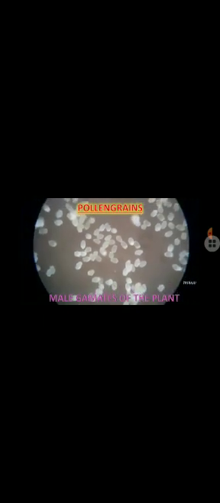Here we are observing anther under a microscope. Several thousands of pollen grains are present on anther. Take some pollen grains on a glass slide for observing under a microscope. These are pollen grains, male gametes of the plant.